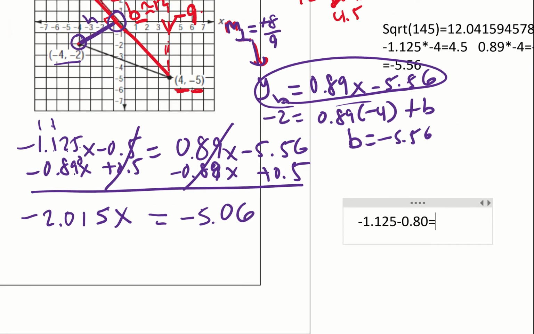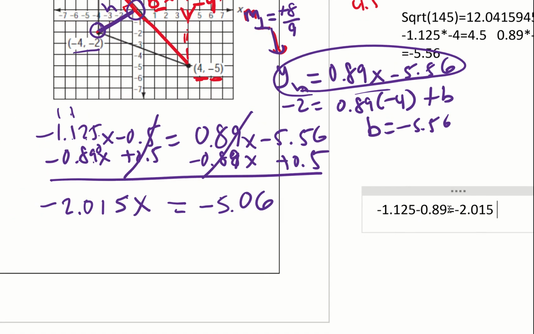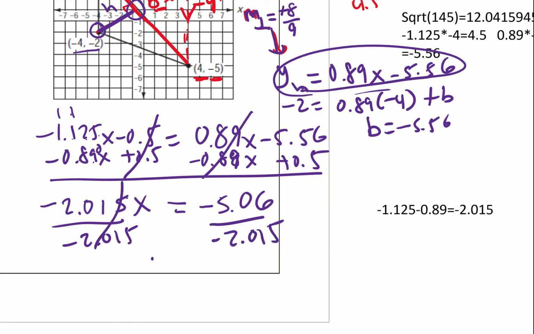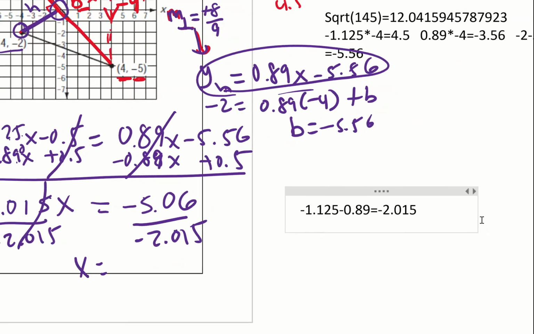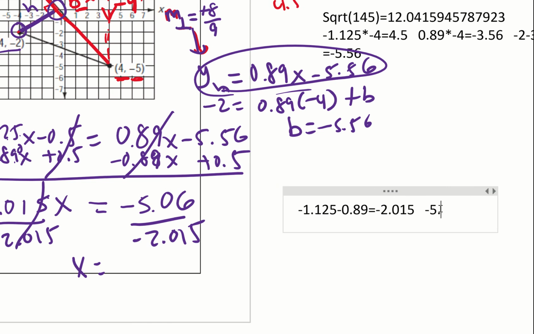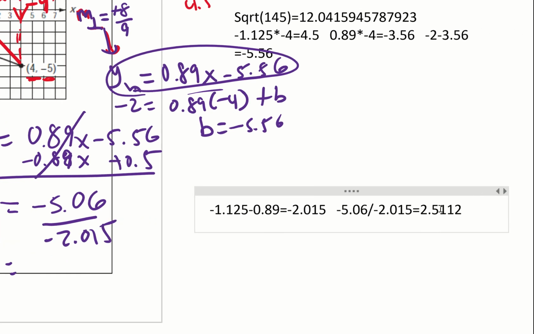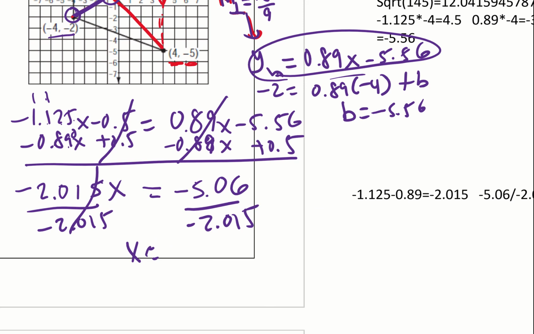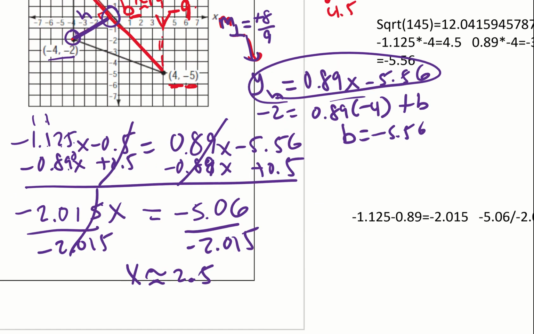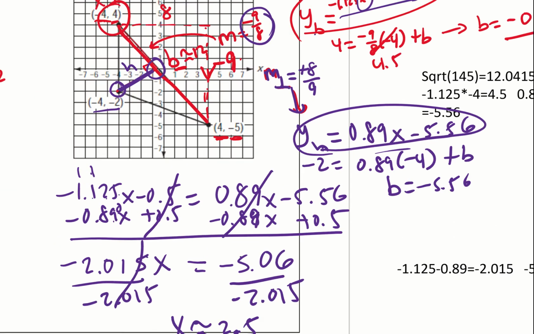I just want to make sure that the math is correct. Okay, there you go. And then we'll divide by this on both sides to finally get where that intersection point is. I know it's a bit of a pain. And so we get about 2.5. So approximately 2.5. Okay, so that's approximately where it is at the 2.5 point.